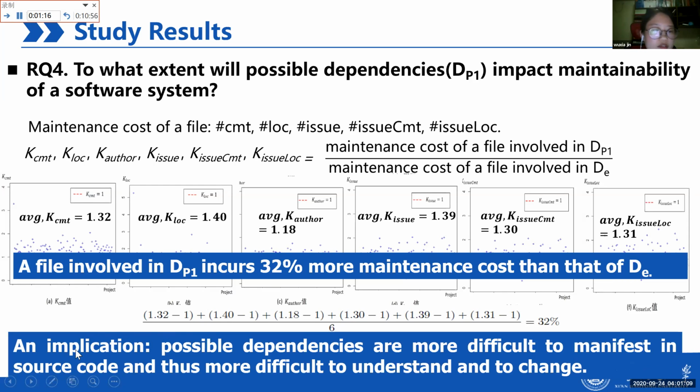Our results have one implication, that is, possible dependencies are more difficult to manifest in source code, and thus more difficult to understand and to change. Consequently, possible dependencies will incur more maintenance cost than explicit dependencies.